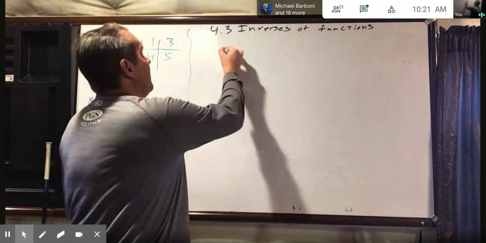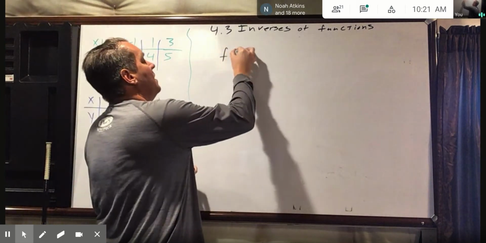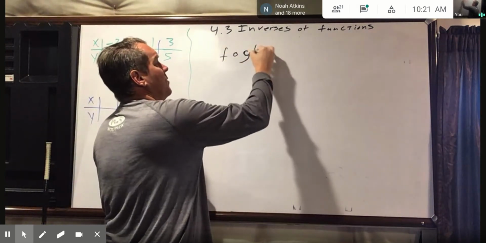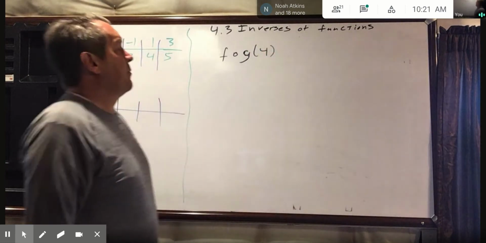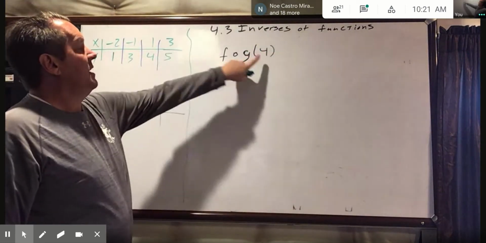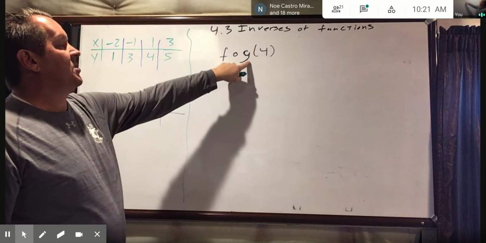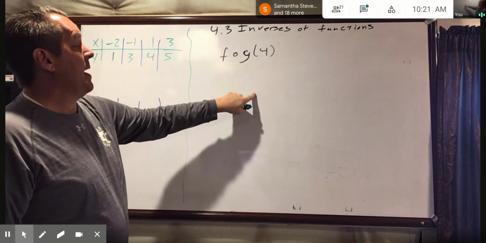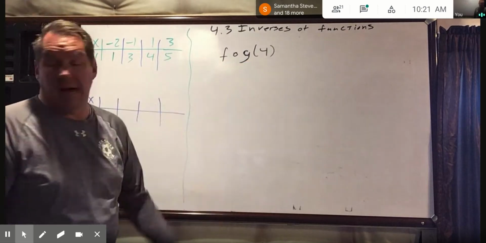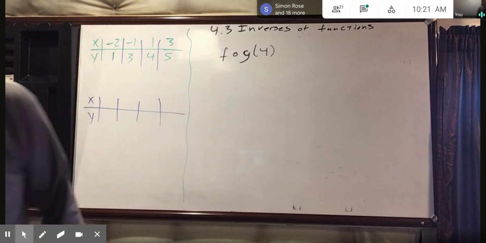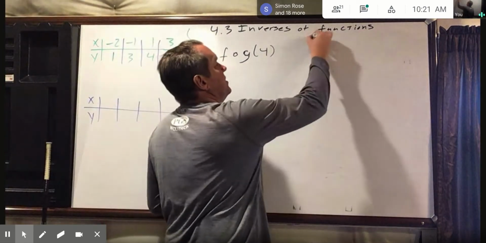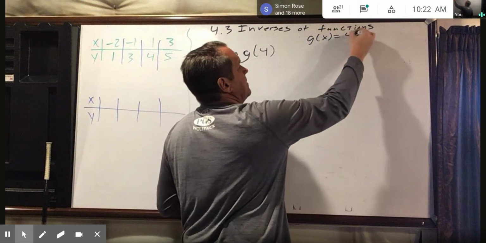So I have f of g of 4. Like problems 1 through 3 up above, you take this number and plug it into the function on the right, work it out, get a number, and then plug it in the function on the left. So g's function is g of x equals 4 times x.